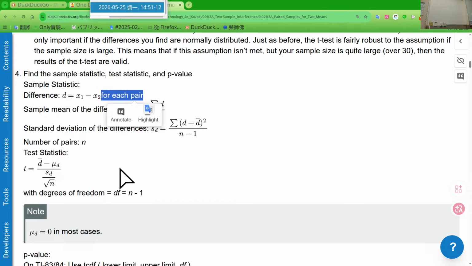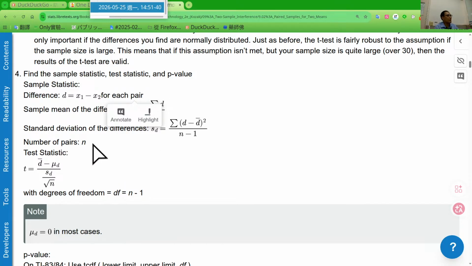Now we get each pair, before the treatment with the medicine and after the treatment. For example, Dr. Lee or Dr. Chen, their body weight can change. But at this moment, we just want to know whether the diet drug is really working. We can do this test.